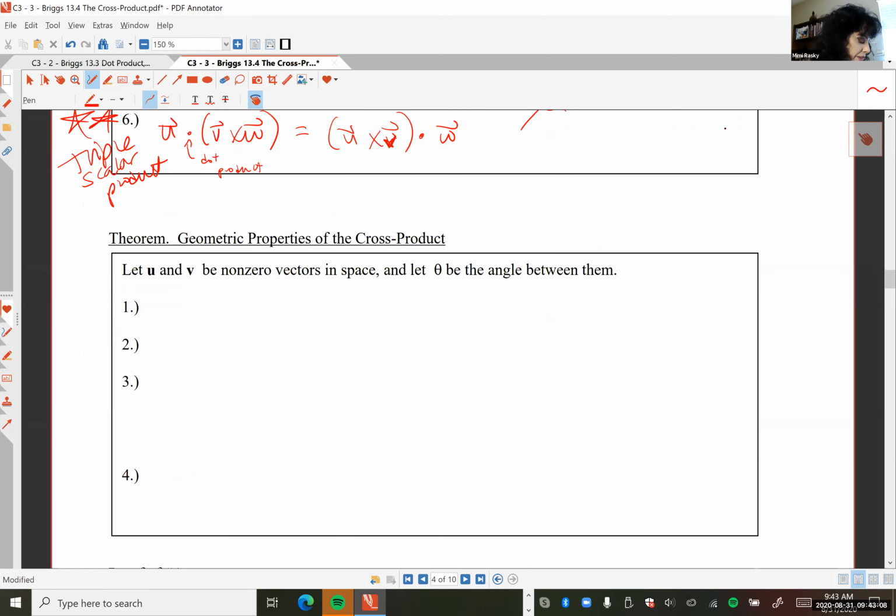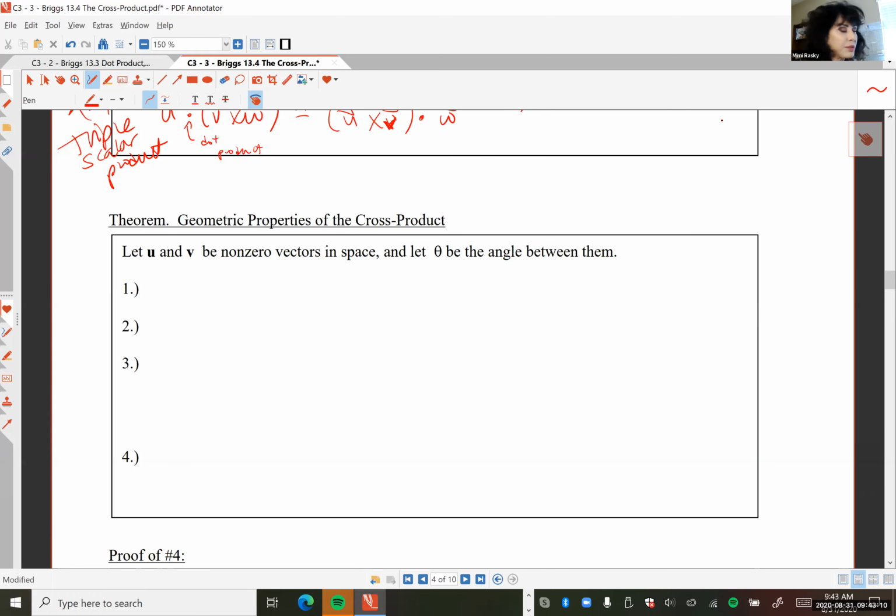Okay, we're going to do another theorem. Yeah, I know this is a lot of theorems. I got to lay down the laws before we can have fun and play with vectors. What about the geometric properties? Well, some kind of fun stuff. If you've got two non-zero vectors in space and you know the angle between them, some cool stuff you can talk about geometrically, which helps you visualize better.